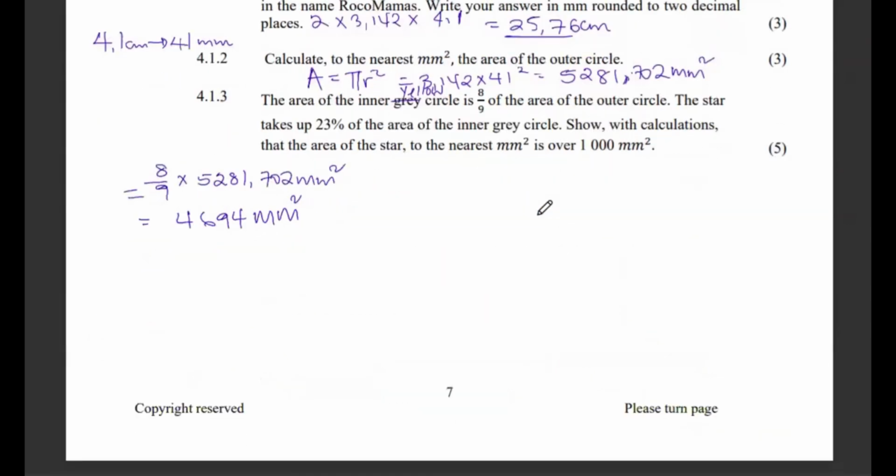Okay, so they are telling us the star takes up 23% of the area of the inner circle. So we shall look for 23%.